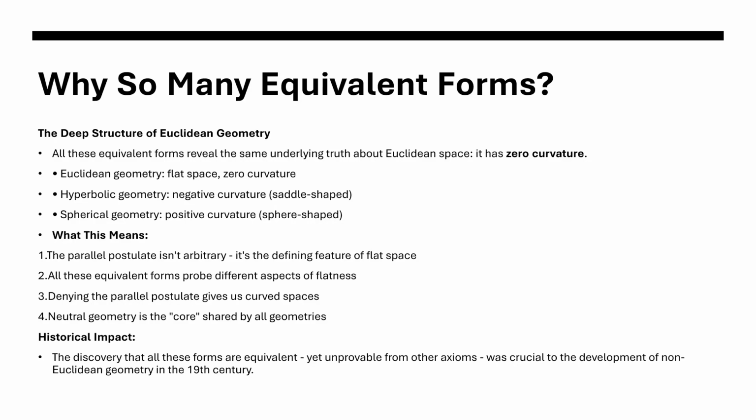Gauss, Lobachevsky, and Bolyai, in the 1820s to 1830s, independently realized that we can deny the parallel postulate to get a consistent geometry, the hyperbolic, where all these equivalent statements are false. This is revolutionary.